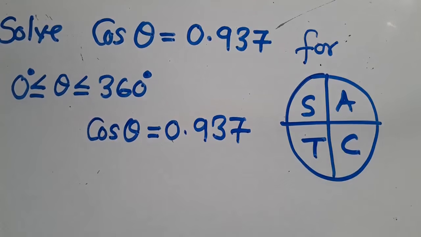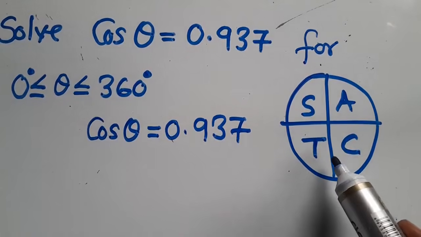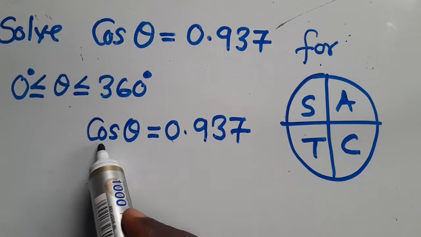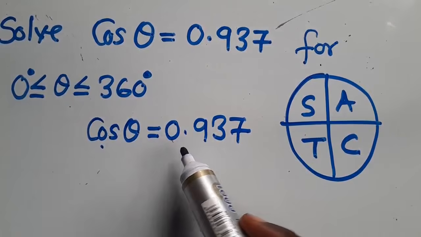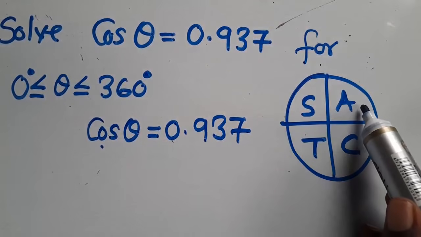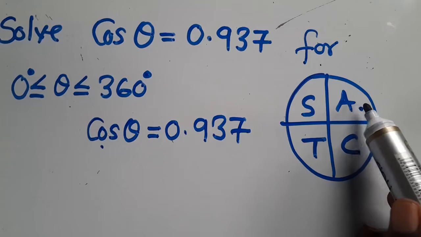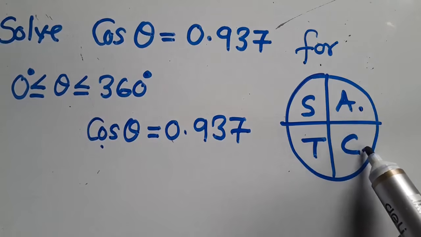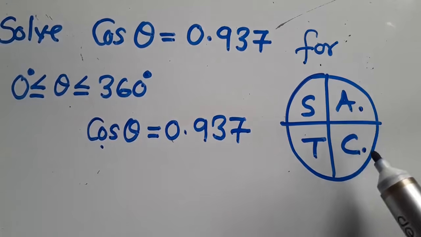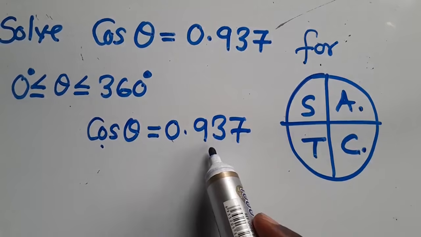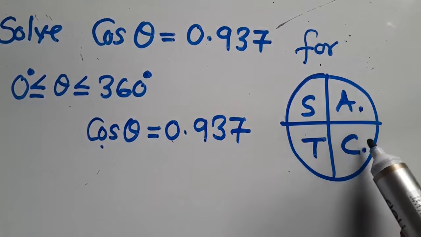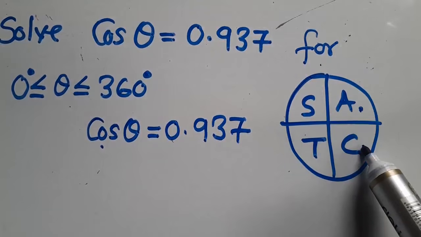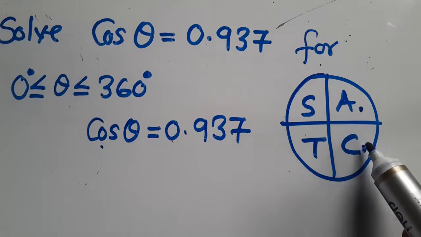Cos is only positive in the first quadrant and the fourth quadrant, so cos theta is equal to a positive answer in these two quadrants.